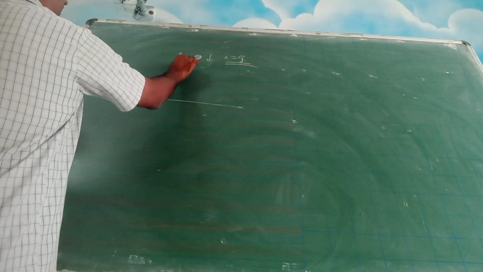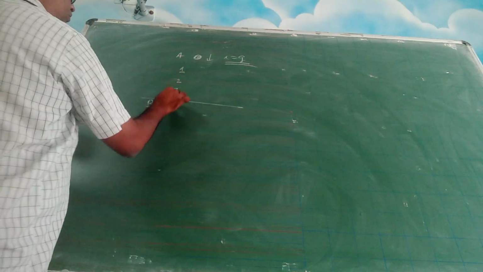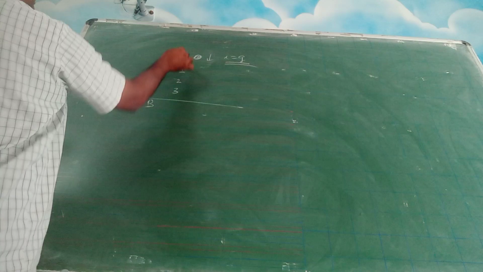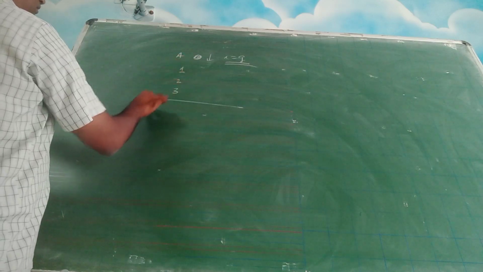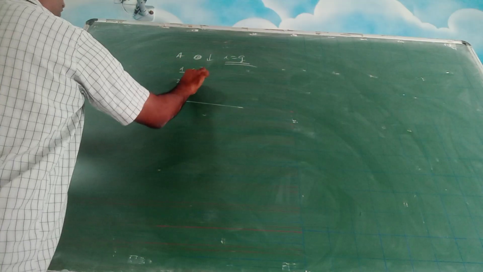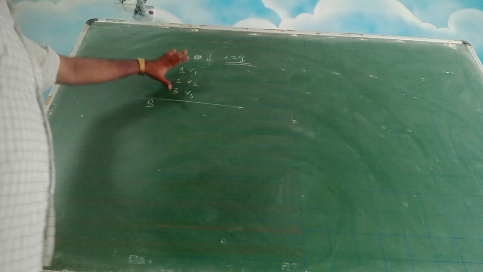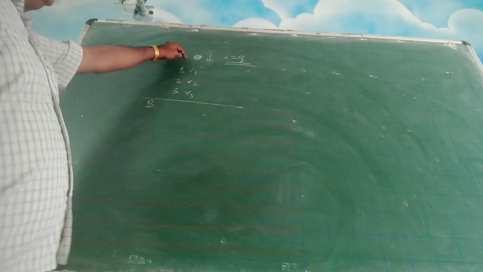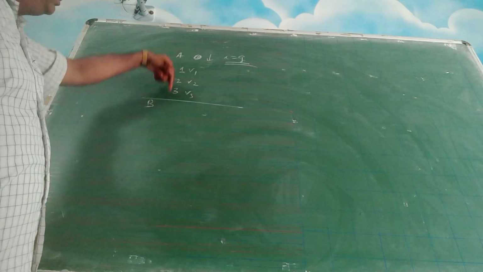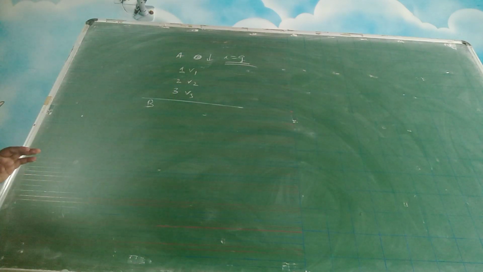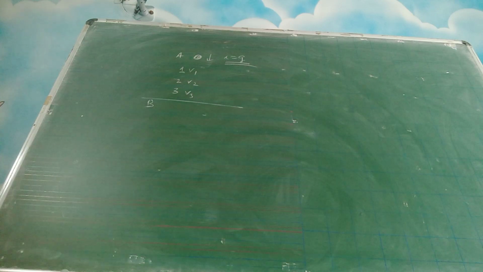Suppose I take intermediate points 1, 2, 3 and then B. So the first point is A, 1, 2, 3, B. Is the velocity here and the velocity here the same? The velocity is actually changing because the block is accelerating towards the earth.